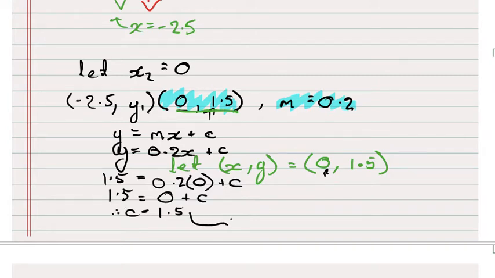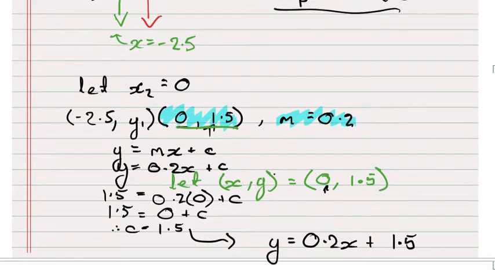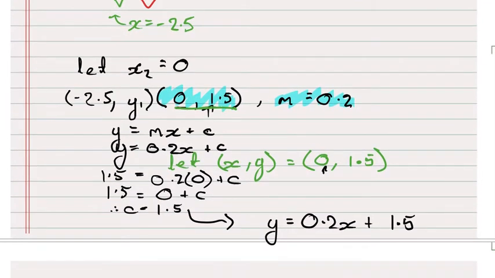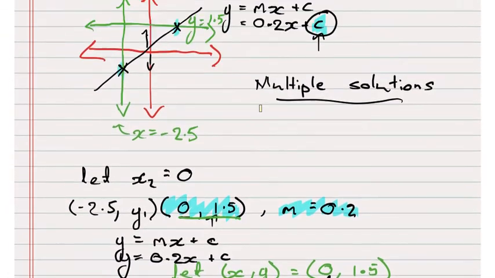So what we see is that a solution to this question would be y equals 0.2x plus 1.5.